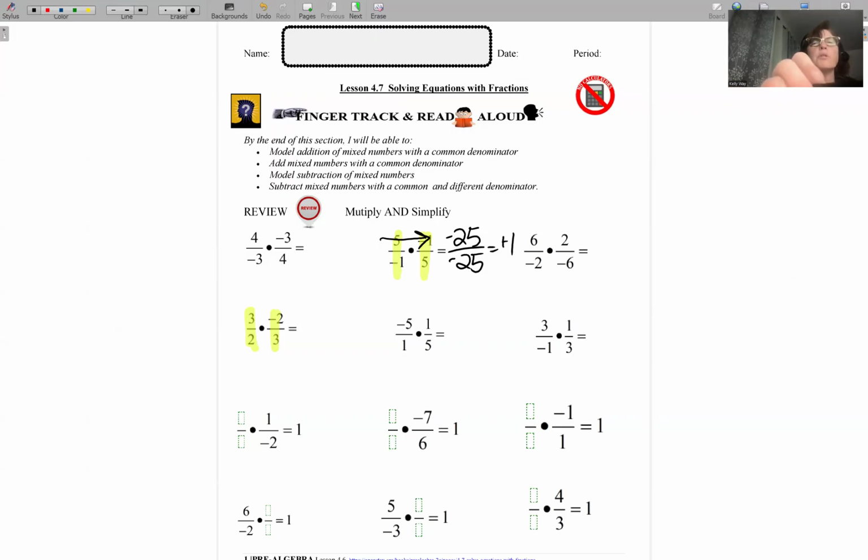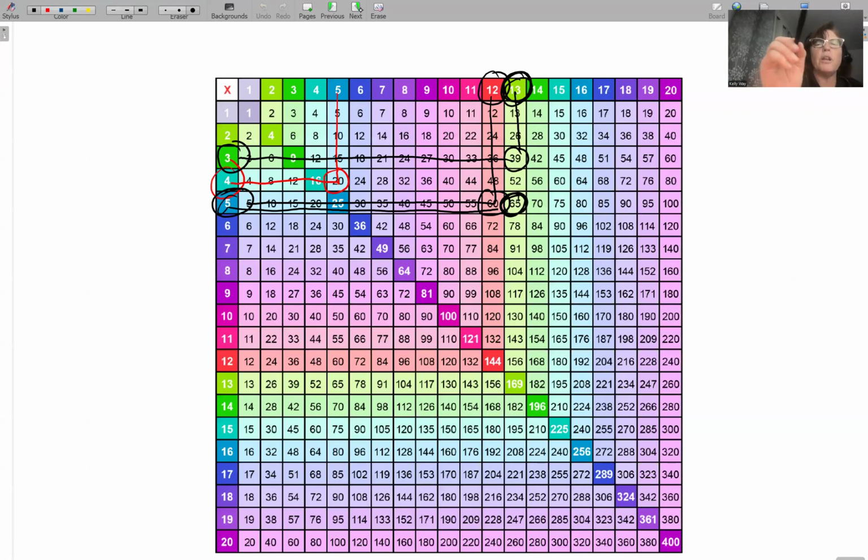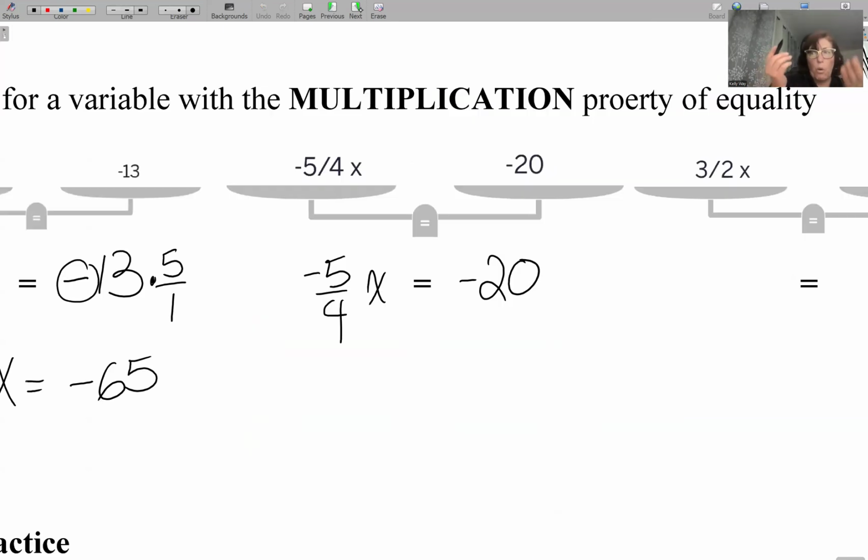And that's what you're trying to do. So when you use the multiplication property of equality, you want to multiply by the reciprocal. So you're going to times and you flip it, negative 4 over 5 times negative 4 over 5. This cancels to a 1.